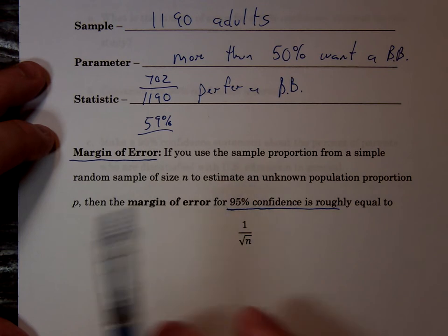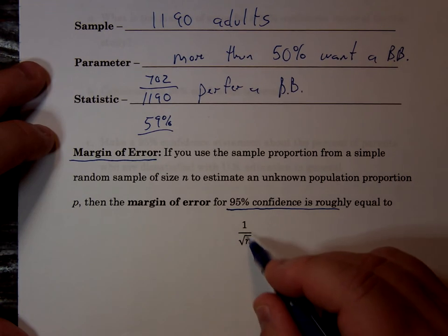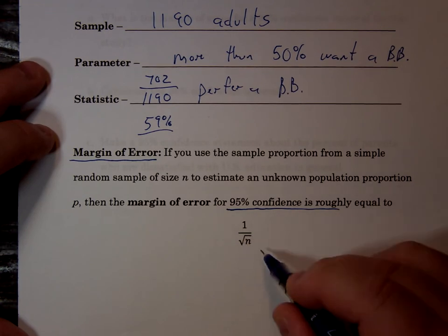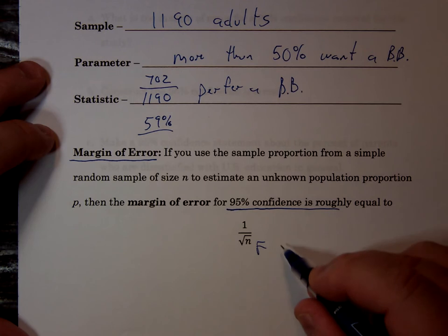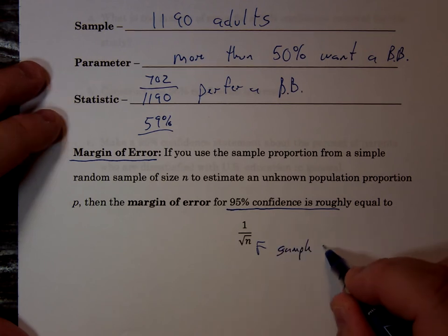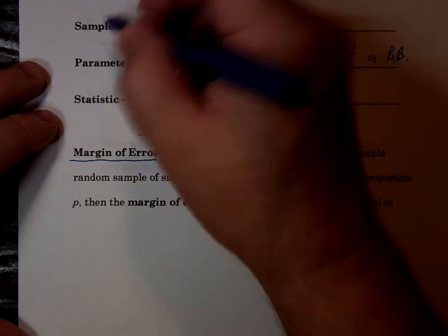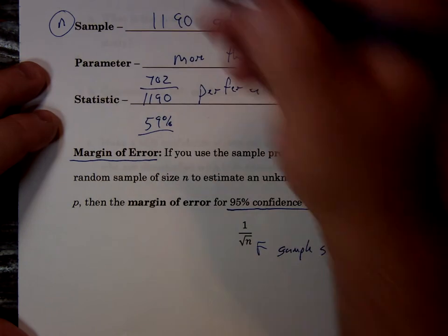That our poll is going to show us that it's between these two numbers. And that's called the margin of error. And to get that margin of error, it's always 1 divided by the square root of n, where n is your sample size. So your sample, that's n.